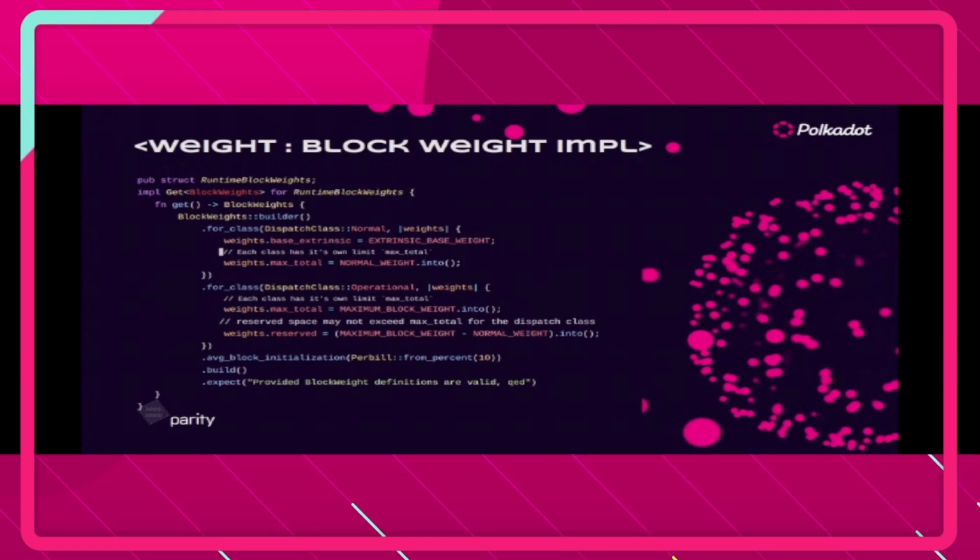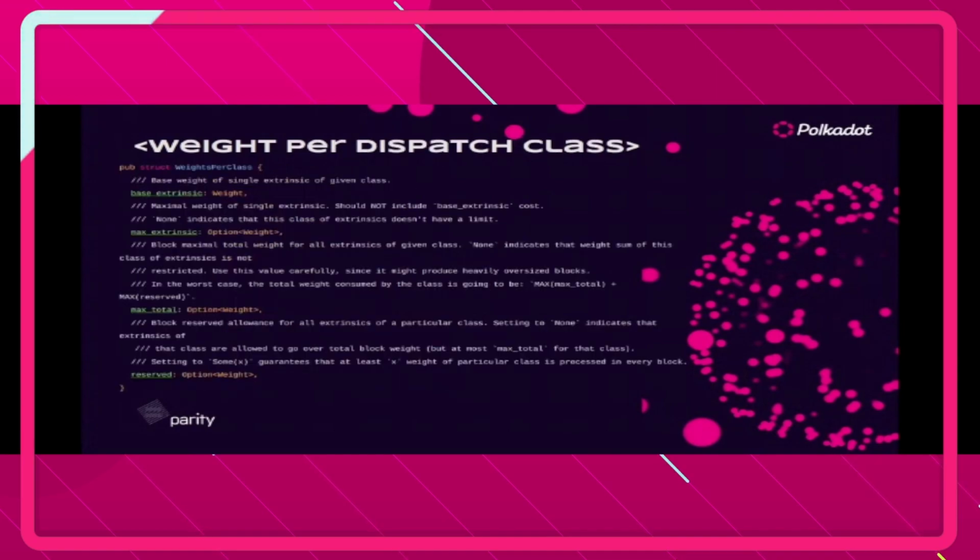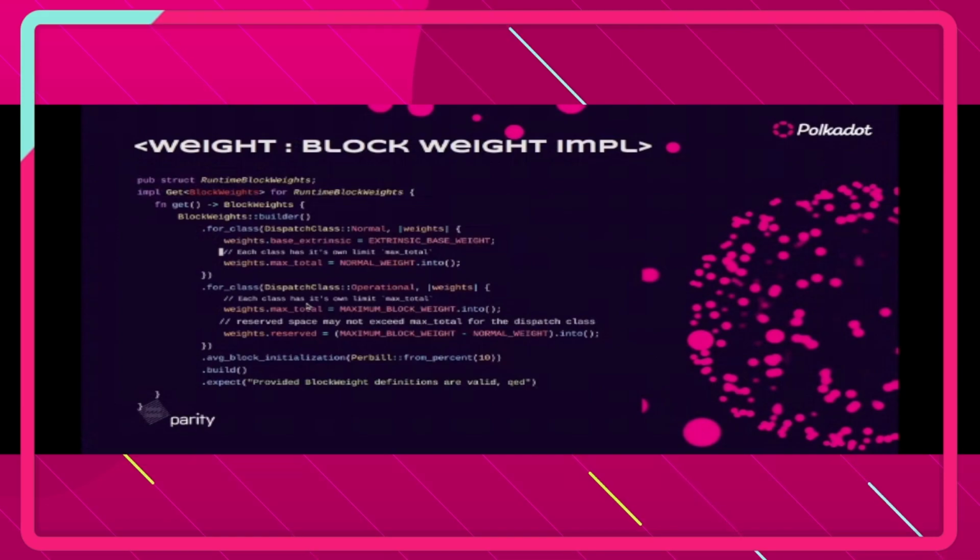Now remember that max total field that I showed you in the previous slide. Now, this is an option. If you put this option as none, then there is no upper limit to what the maximum total can be. You basically wouldn't want that. So, right here, we have said that it's maximum block weight minus the normal weight.